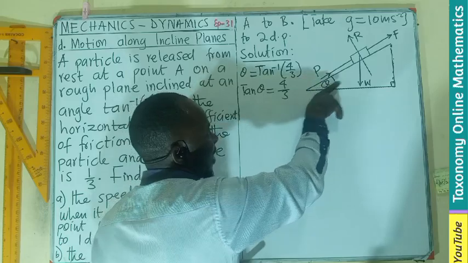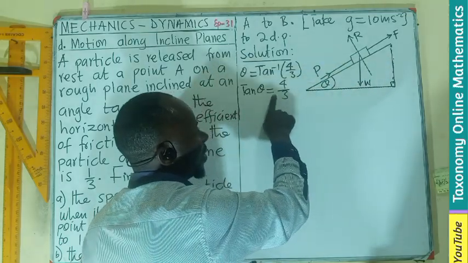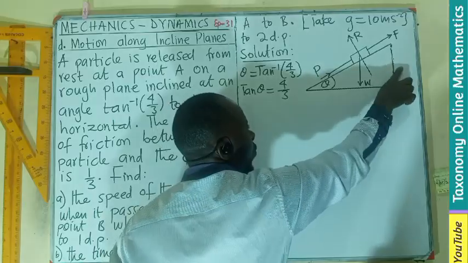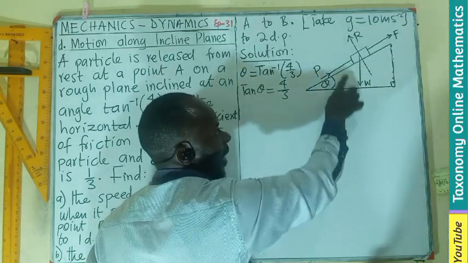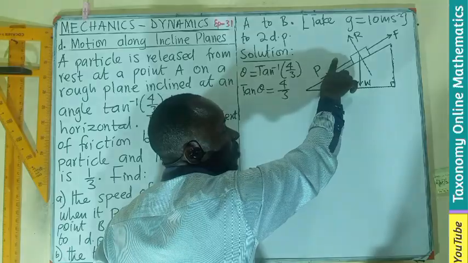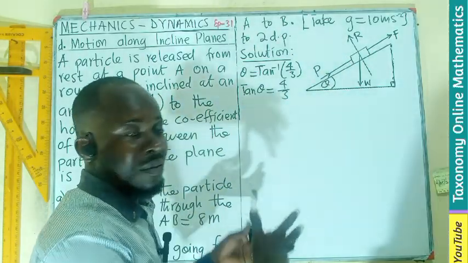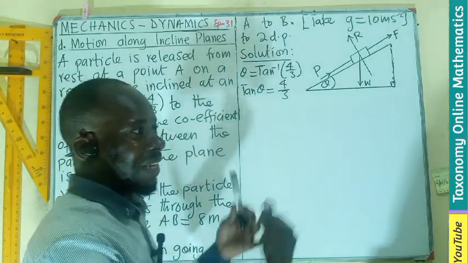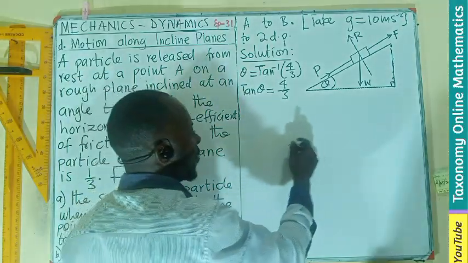You can see that this is the opposite side and this is going to be the adjacent. That means tan is opposite over adjacent, so 4 and 3. I need to find the other side using trigonometry. Because of space, I will be finding that without making it part of the calculation.